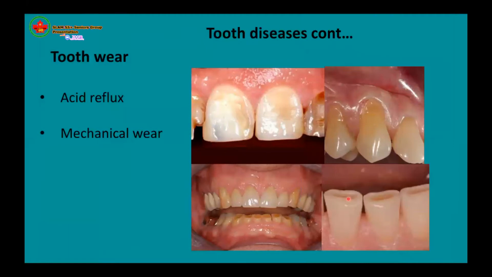Apart from dental caries, tooth structures can be damaged by tooth wear due to acid reflux and mechanical wear. Sometimes tooth erosion can be due to genetic disorders. These are a few examples where acids, mechanical factors like aggressive tooth brushing, and genetic conditions increase tooth wear.